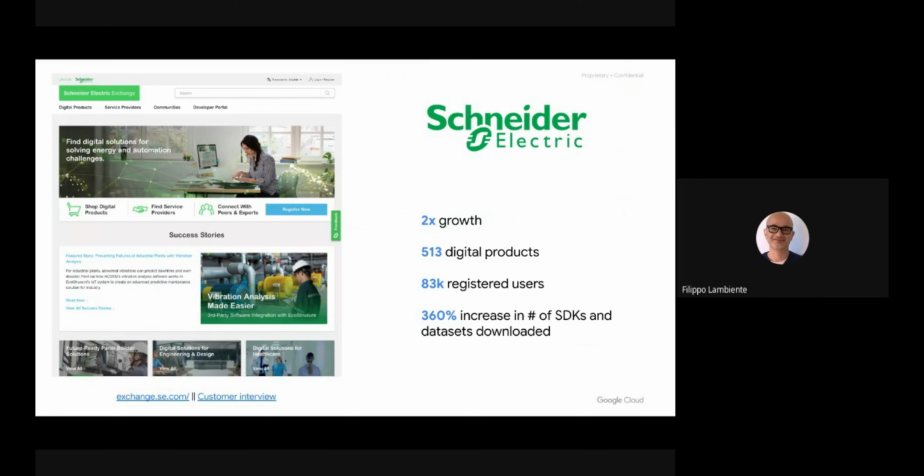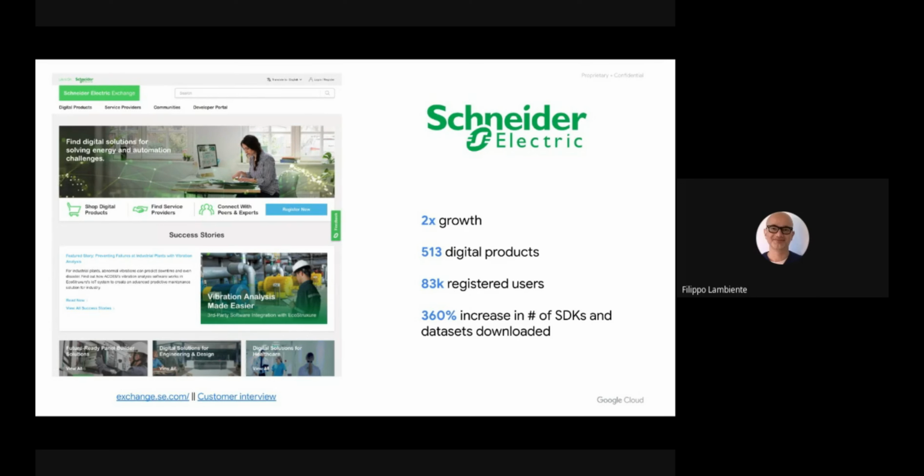So they are selling both the physical product and its digital twin, where they can leverage the API to collect the information of the physical product in order to provide visibility, and to provide, for example, add-on services like predictive maintenance and so on.